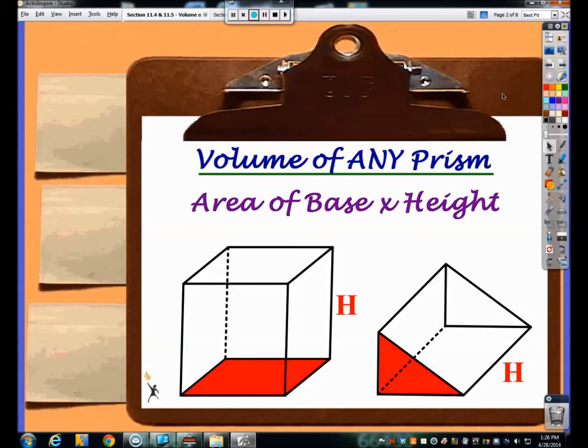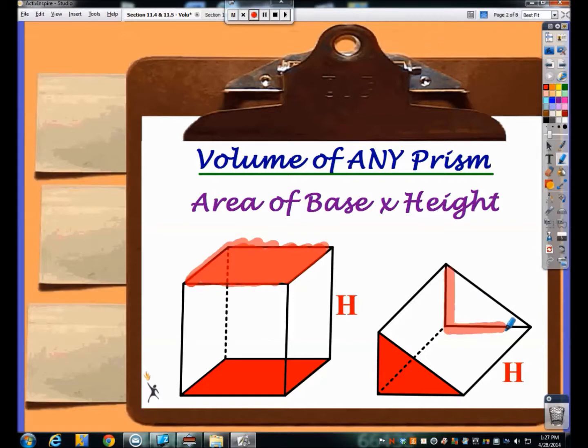Now, first off, for any prism, and what I mean by a prism is that I have some three-dimensional object that has two bases that are parallel to each other and they're congruent. So for example, in a rectangular prism, or a cube if you will, we can think of the top and bottom bases here as being parallel and congruent.